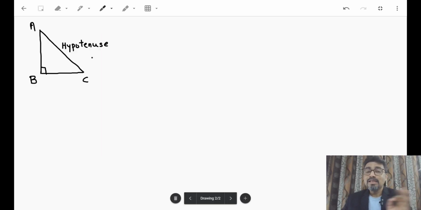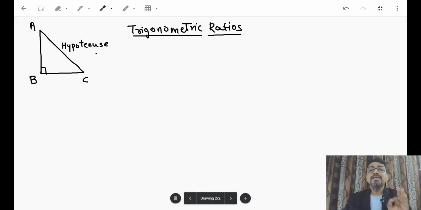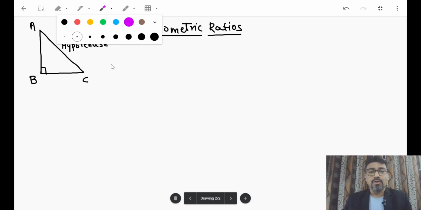Now, let us begin and understand the trigonometric ratios associated with the right angle triangle ABC. Depending upon which acute angle we are considering, there are six trigonometric ratios. Let us first write the first three trigonometric ratios.